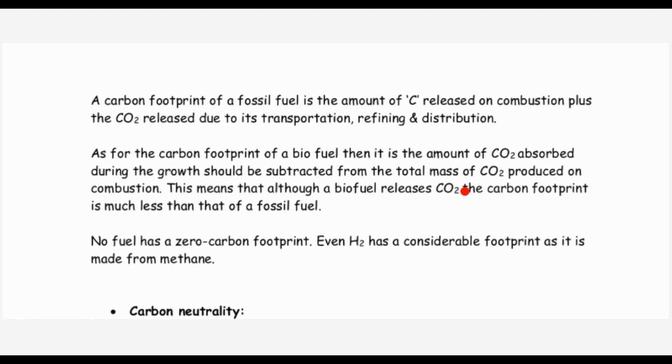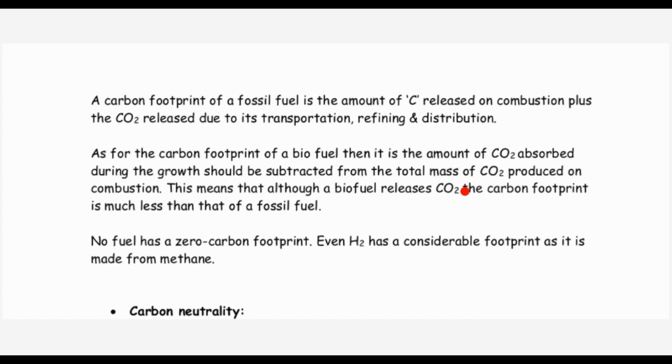the amount of carbon dioxide released during the combustion, transportation, and distribution process, minus the amount of carbon dioxide absorbed during that 100 years of time. So we understand that biofuels, even though they release carbon dioxide, have a carbon footprint much less than that of a fossil fuel, right?